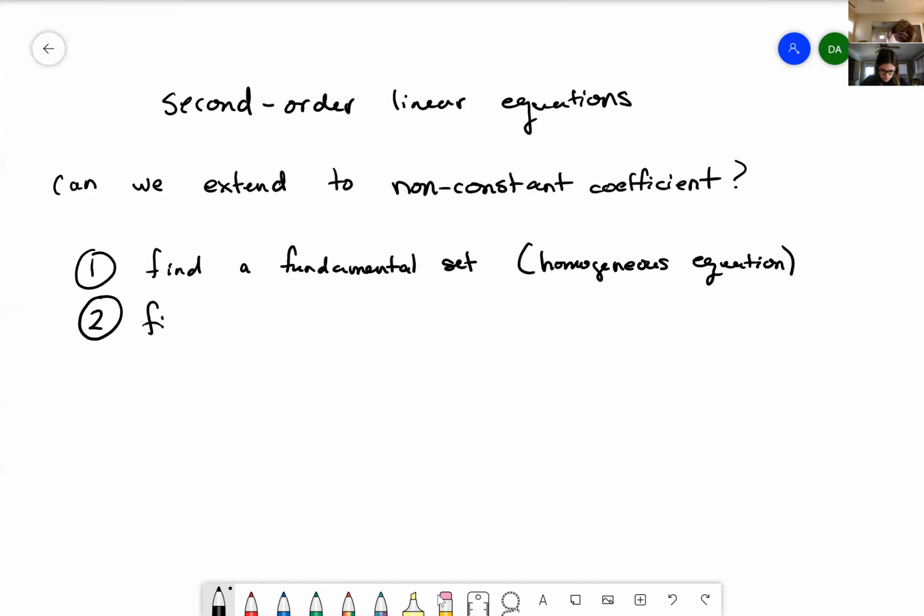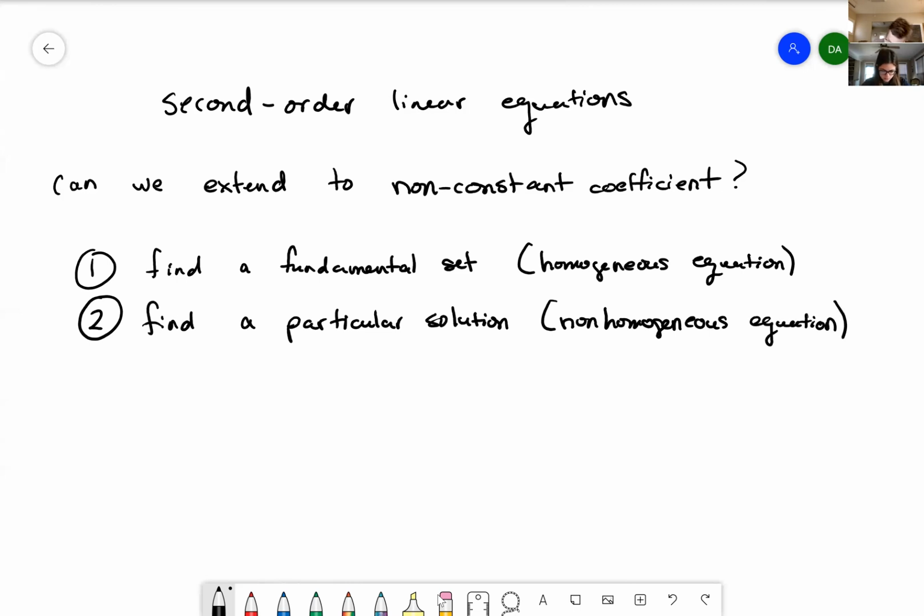And then find a particular solution, and this is for the non-homogeneous equation. Now, all of the methods that we've been looking at for step 2 work for any kind of coefficient.